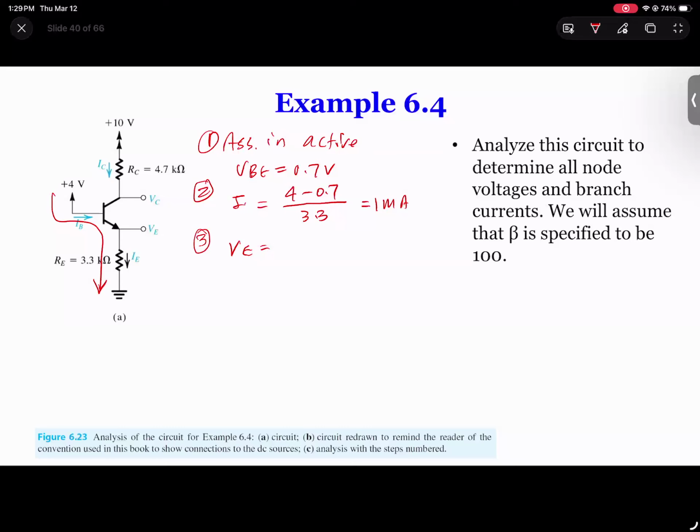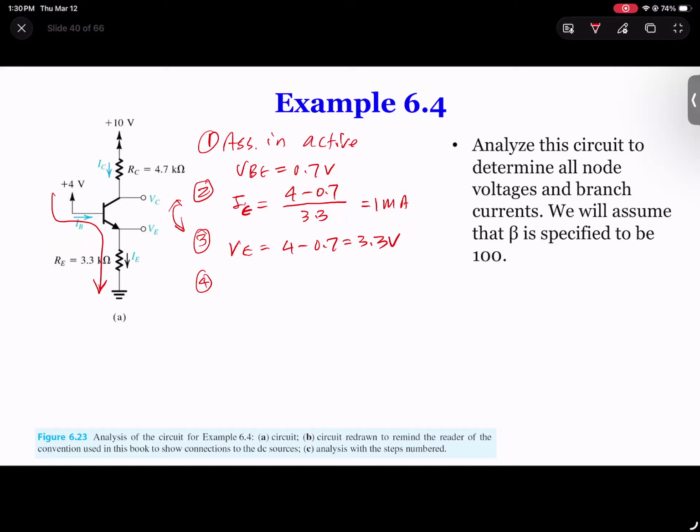The current I just calculated, which current is it? It's IE, yeah, it's IE, it's not IB. So now we say VE is 4 minus 0.7, it's 3.3 volts. Okay, so the next step we can do, of course, 2 and 3 can be flipped, it doesn't matter.